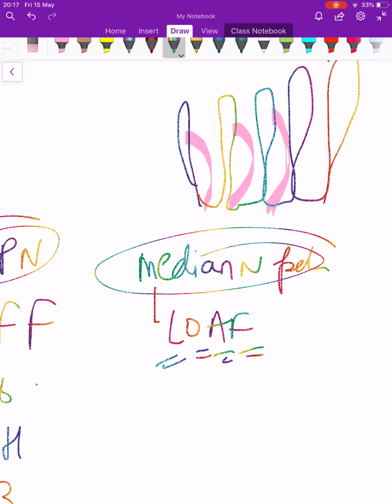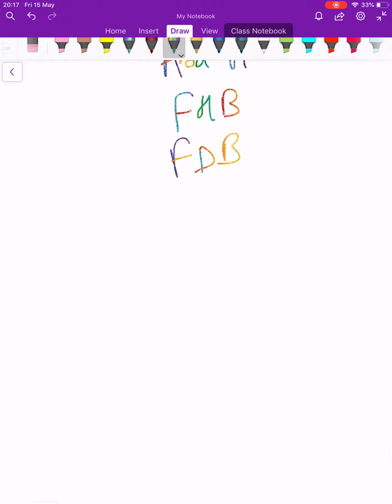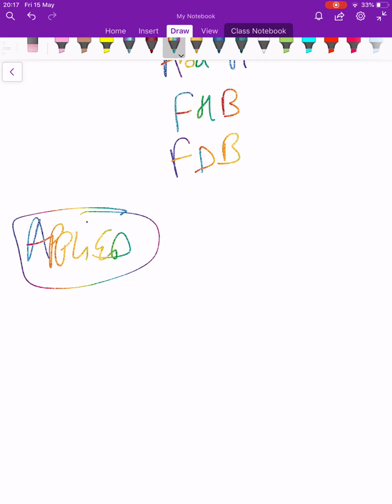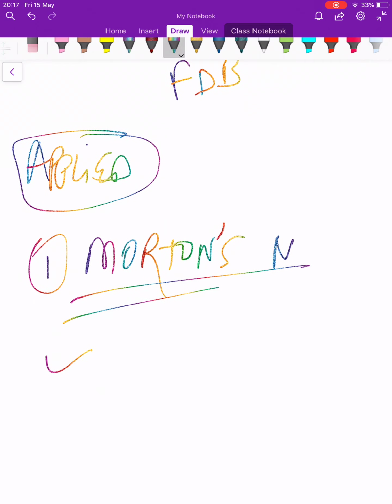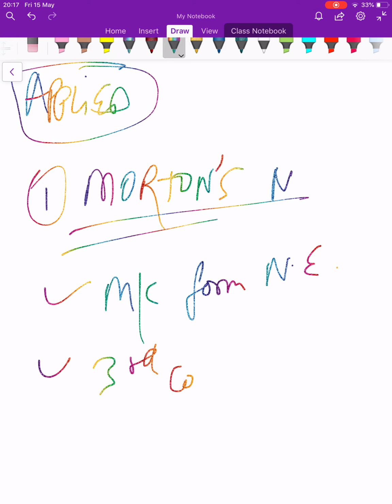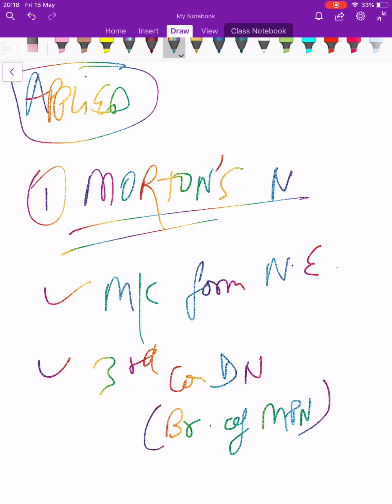Then let us see applied anatomy. The last topic is the applied anatomy of the sole. In applied anatomy, Morton's neuroma. What is Morton's neuroma? This is the most common form of nerve entrapment in the foot. There is entrapment of the third common digital nerve, which is actually a branch of the medial plantar nerve.